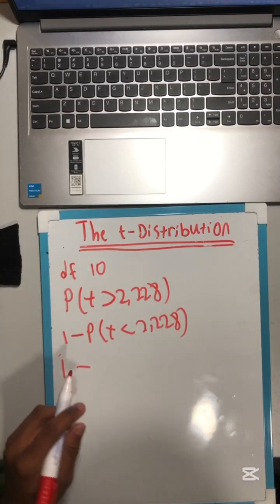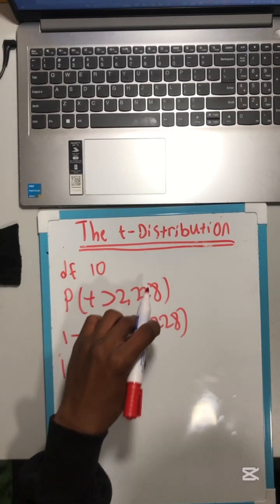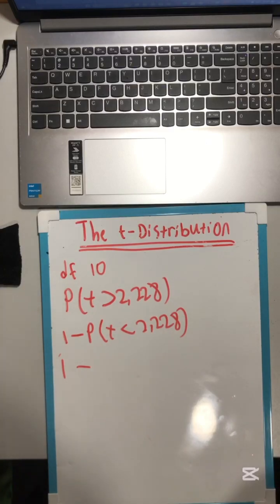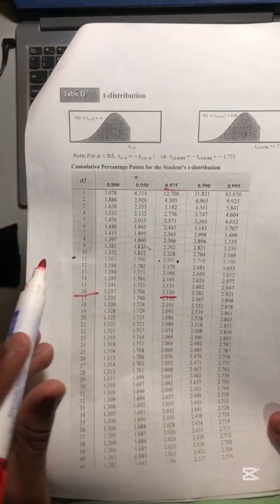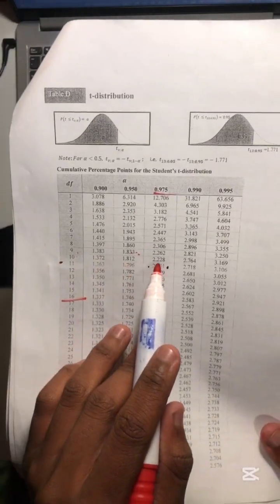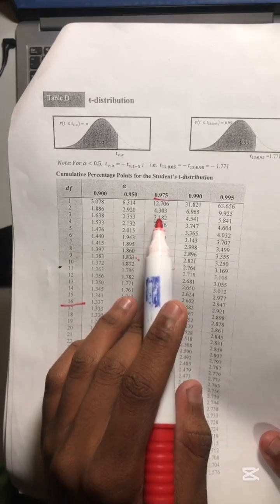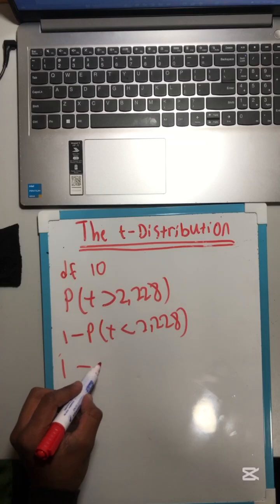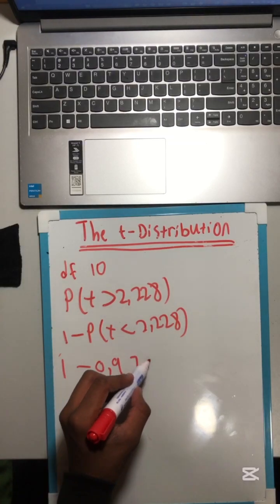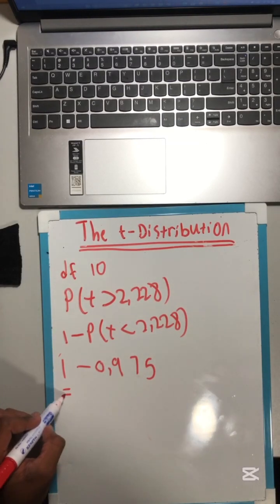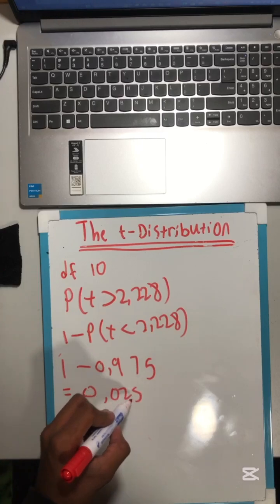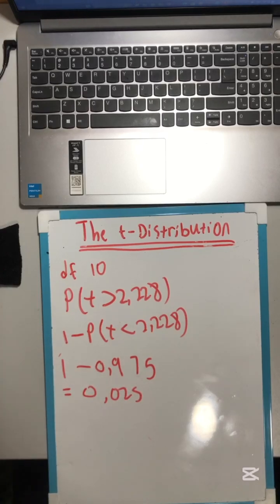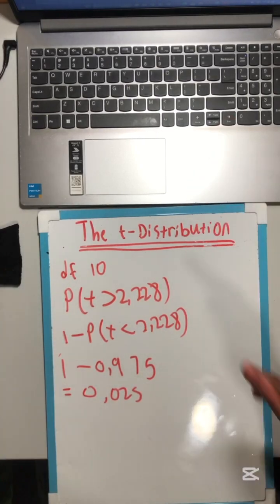So 1 minus degrees of freedom of 10 ngibheka 2,228 ukuthi correspond nobani. Degrees of freedom of 10 now la 2,228 now la or correspond no 0,975. So lo it's equals to 1 minus 0,975, which is equal to 0,025 as our value of alpha.